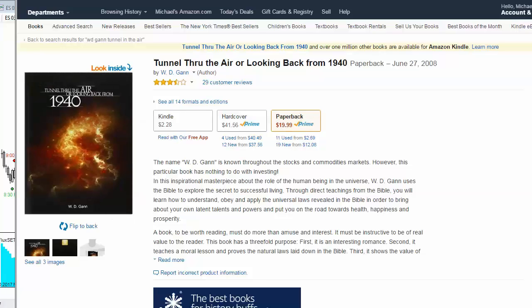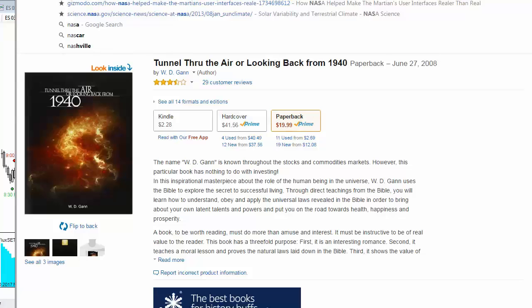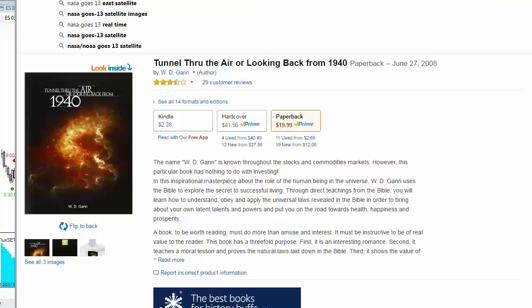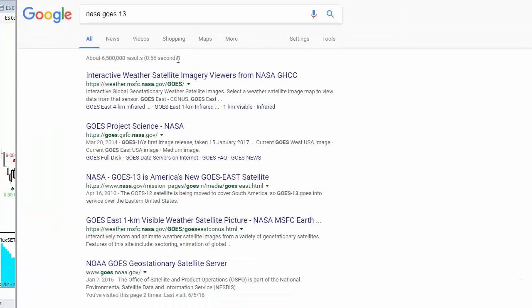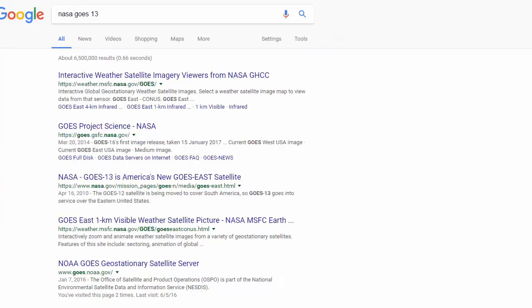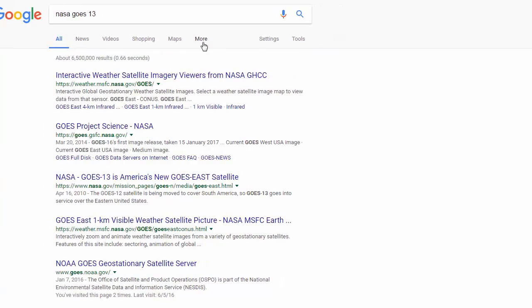But then I realized something. We already had EMF detectors. And I didn't have to go anywhere to get them. They were already out there. And so, I want to introduce you to two satellites.